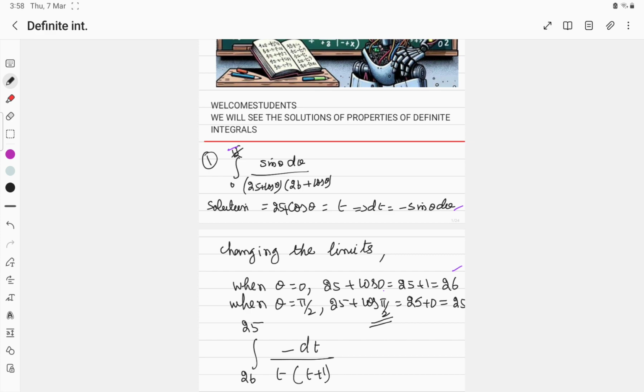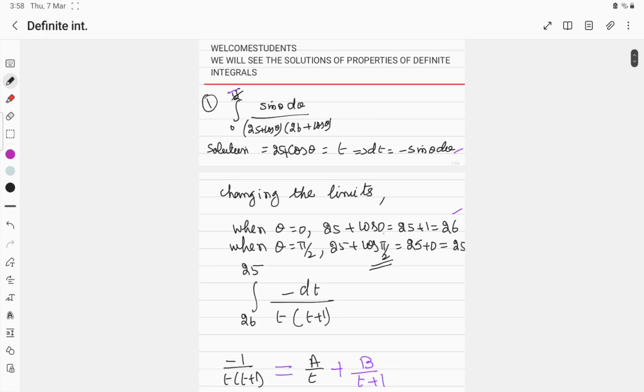Then, we substitute the value of minus sin theta d theta is equal to minus dt by t into t plus 1. Therefore, it becomes t plus 1.